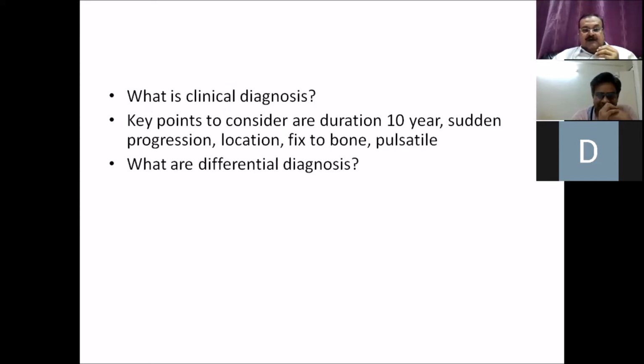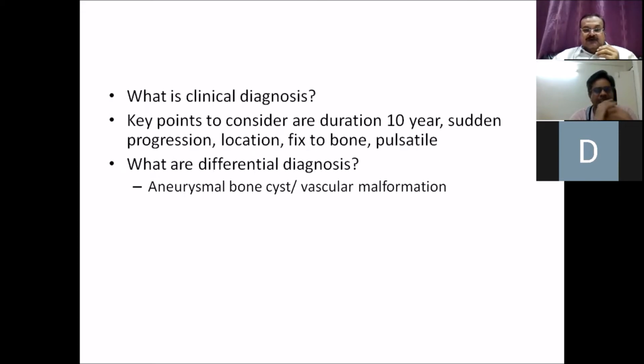And it is not possible to give a clinical diagnosis in such cases, so you always have a differential diagnosis. You always keep more than one diagnosis. And the first diagnosis that would come to your mind will be aneurysmal bone cyst or vascular malformations. You have to remember that it is a 10-year duration, sudden progression, probably a bony swelling and pulsatile.